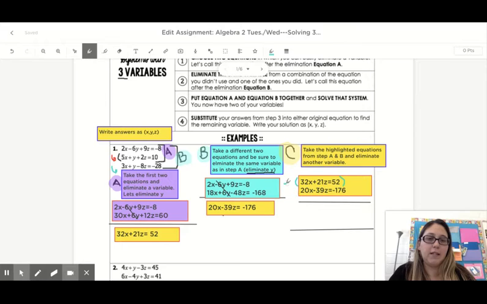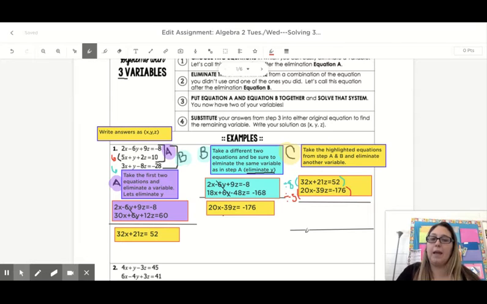So in this case, I'm going to divide everything by 8. Okay? And then in the other one, in order to get 4, I would need to divide everything by 5. But I'm going to do a negative 5 because I want one of them to be opposite. So I'm going to divide everything by a negative 5.